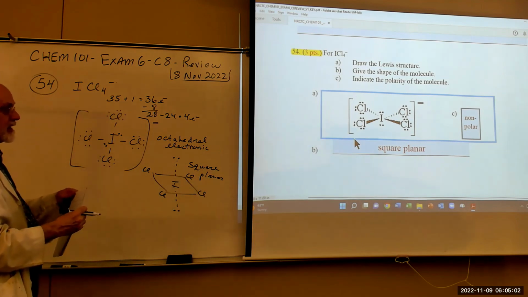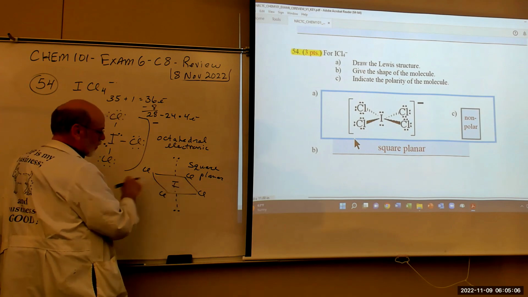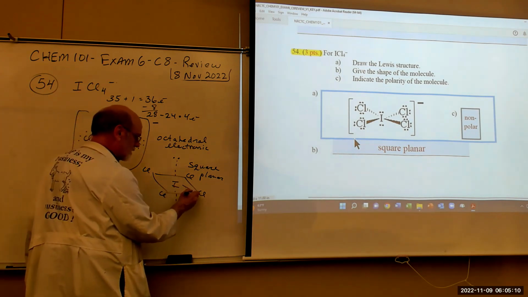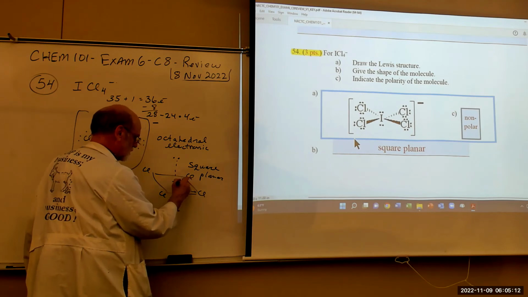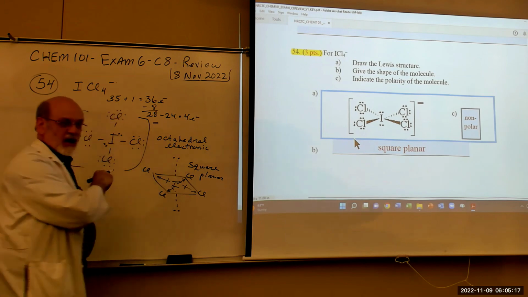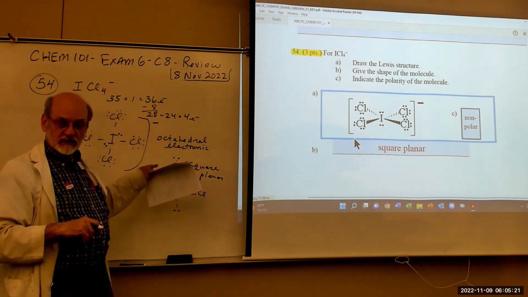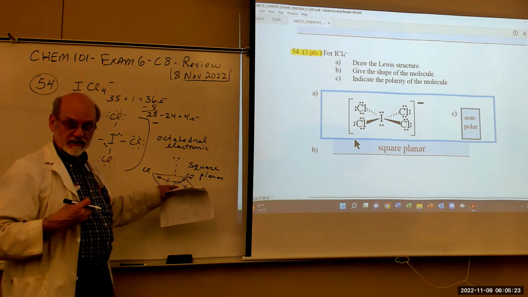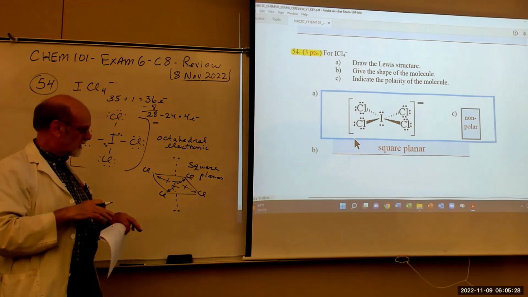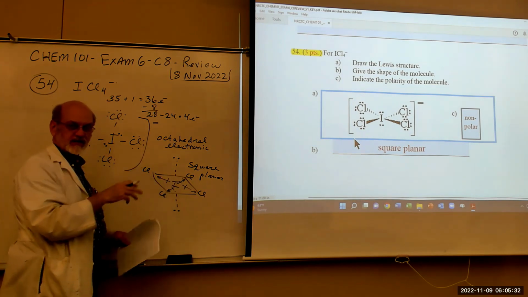All right. Now, the Lewis dot structure, you could either say this one, that would be valid, with a negative. Without that bracket and the negative sign, that's not correct. And the geometry then, the shape of the molecule, is square planar. That's the molecular geometry. Square planar. Okay? Now, is it polar or non-polar? Well, chlorine is a little more electronegative than iodine. But all of those dipoles are equal in magnitude, pointing to the corners of a square.